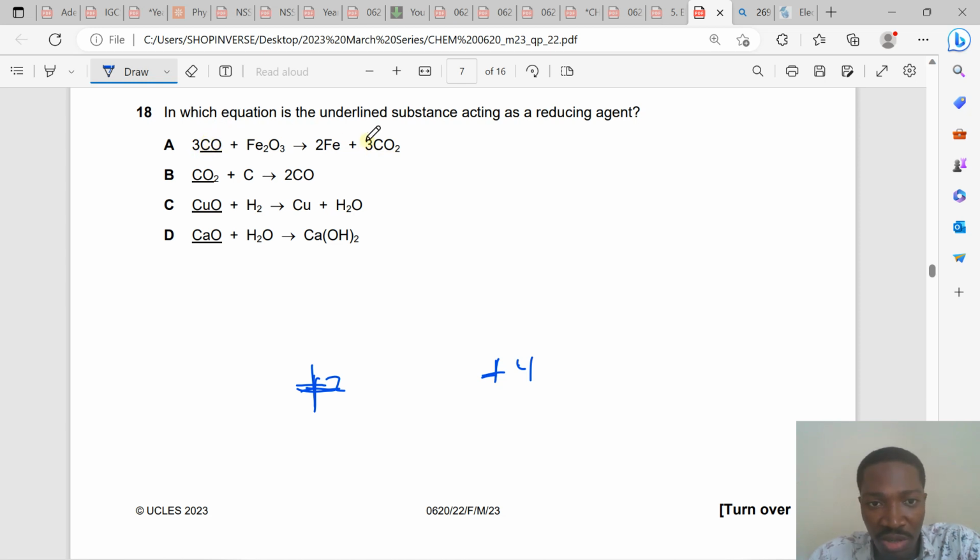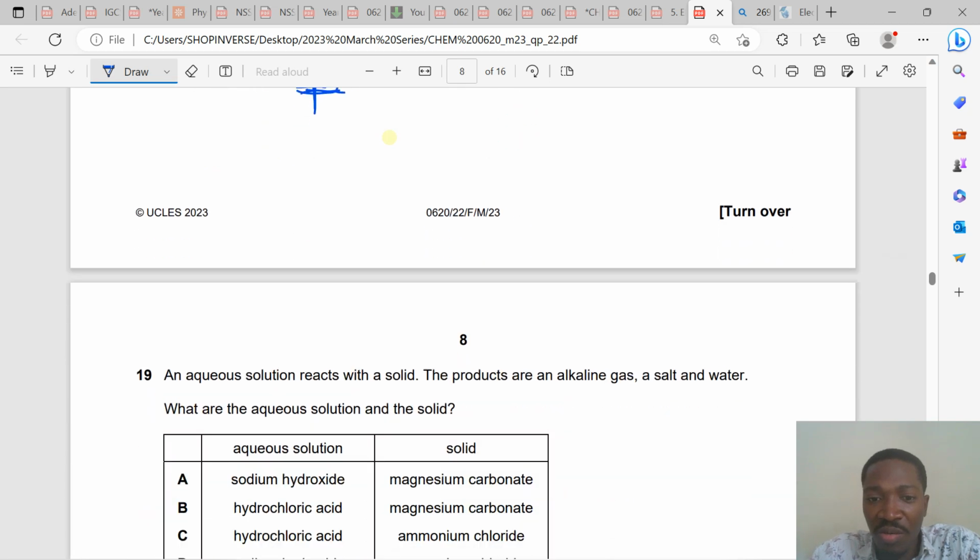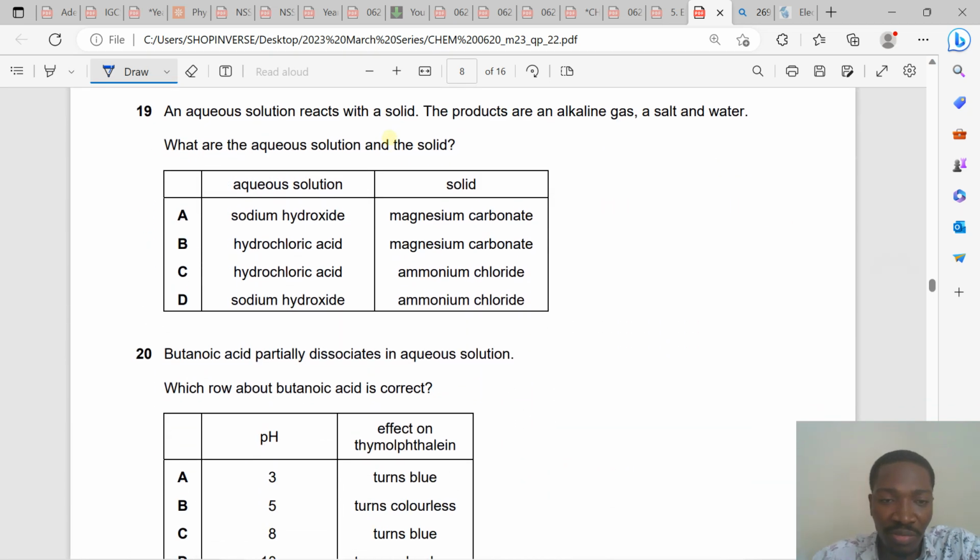So since this is oxidized, this is the reducing agent. Also, it is acting as a reducing agent because it removes oxygen from this one. It strips this one of its oxygen, and it now possesses the oxygen, while the ion remains without the oxygen. So the ion has been reduced because it has lost the oxygen. Those two definitions match the process that is taking place.